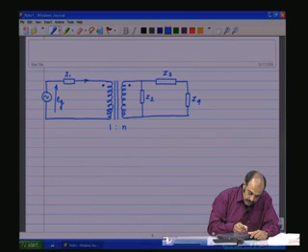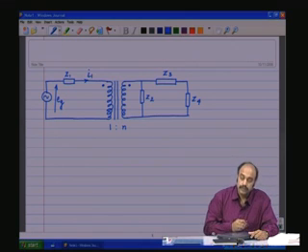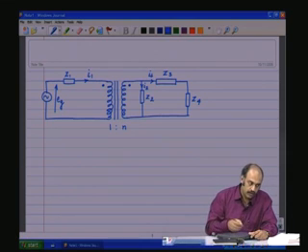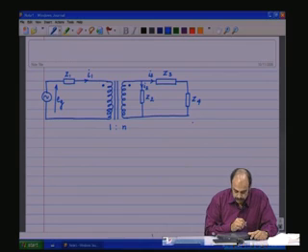Let there be a current I1, and then there can be a current I2 through Z2, a current I3 through Z3, which will be the same current which is flowing through Z4 also.